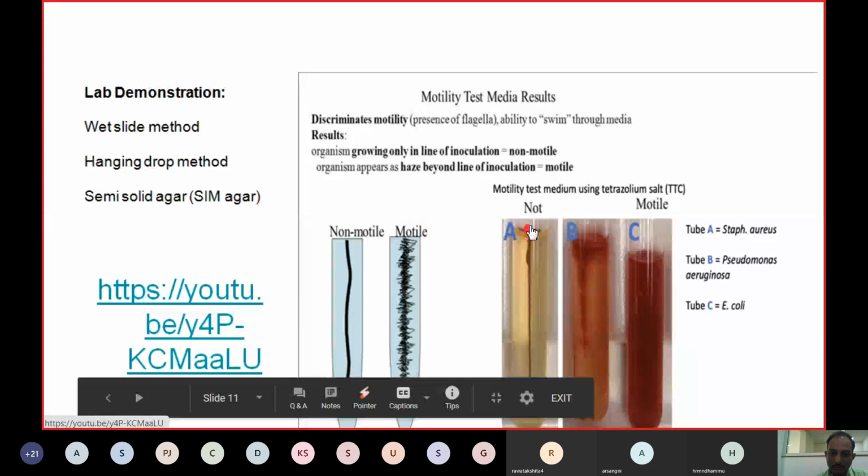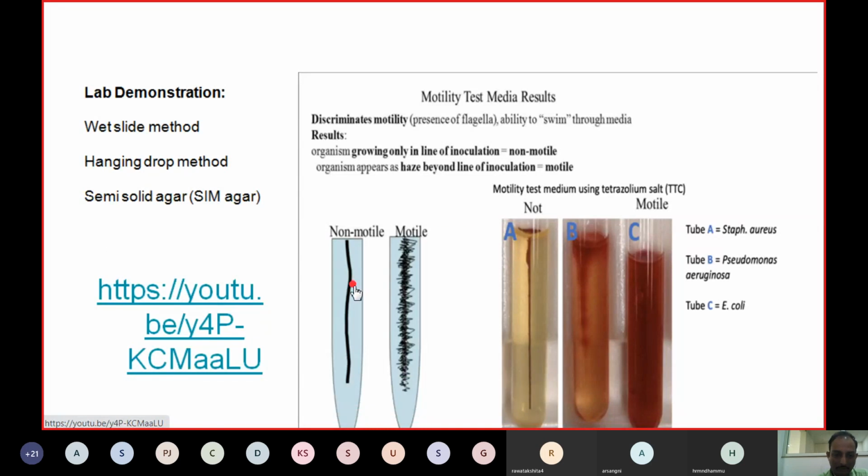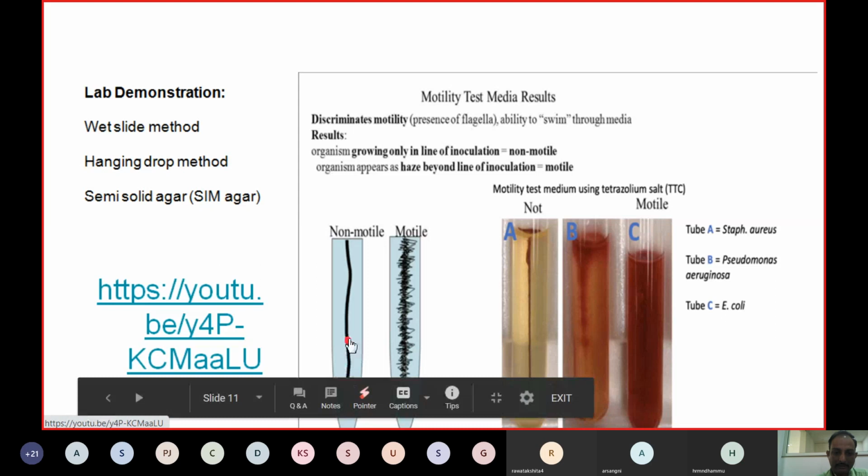This is called stabbing, from the English word stab. So what happens after incubation? The bacteria is allowed to grow at 37 degrees centigrade for a required time, which is generally 12 to 24 hours. You can see the growth of the bacteria as a thread-like structure.